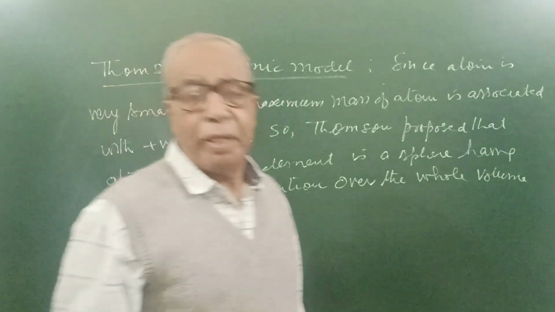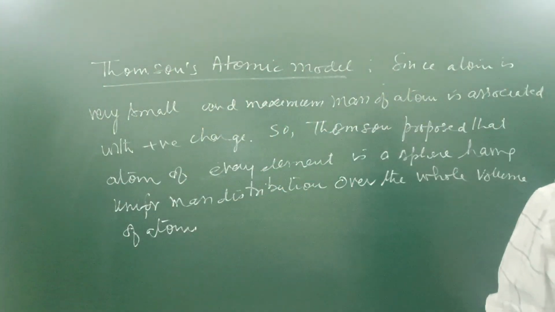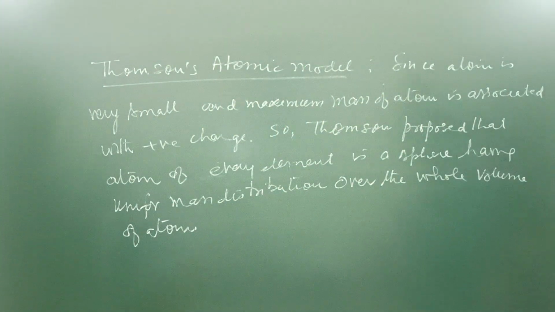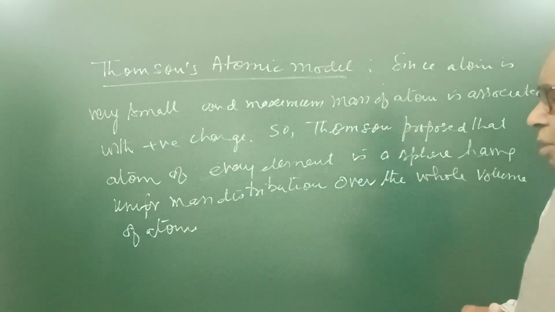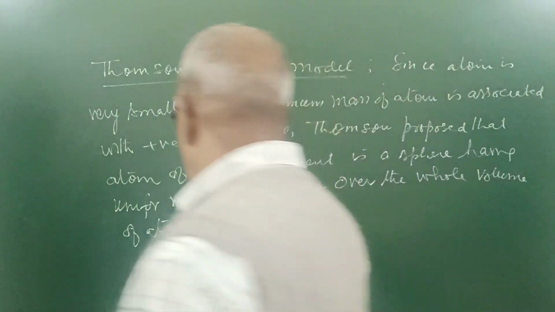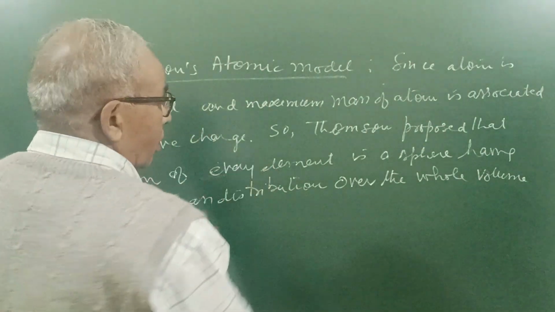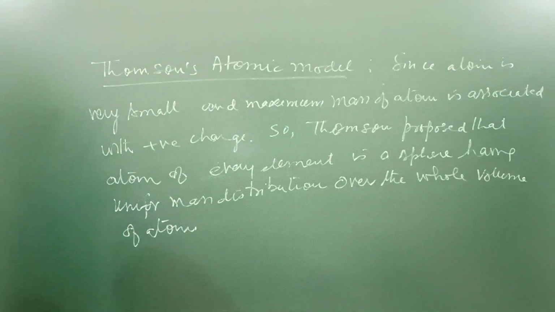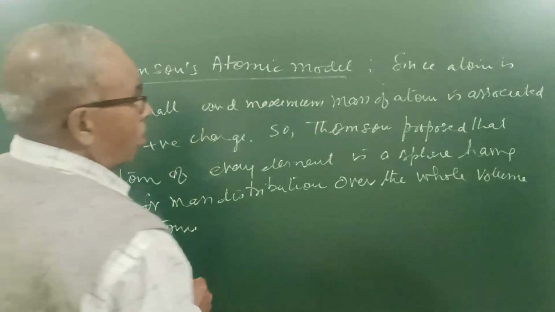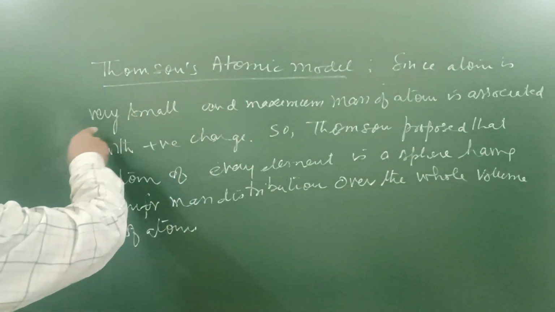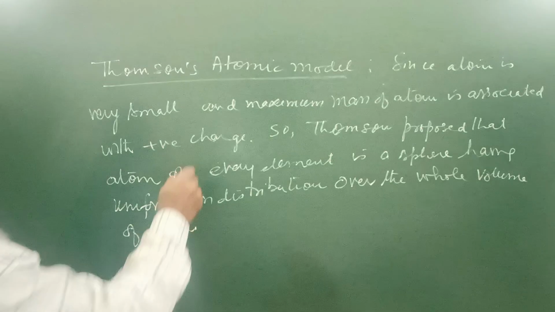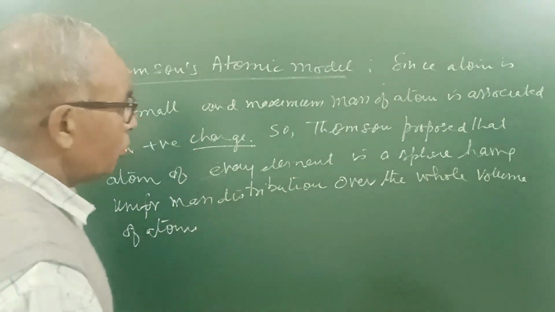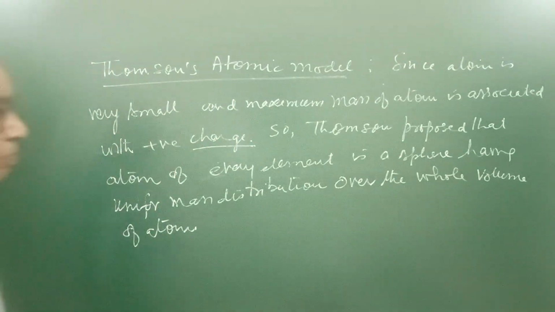Or you can say the atom is very small, a sphere, and the total positive charge and mass is distributed uniformly over the whole volume of the atom. I have told you that since the atom is very small and maximum mass of the atom is with positive charge, it means positive charge and mass.